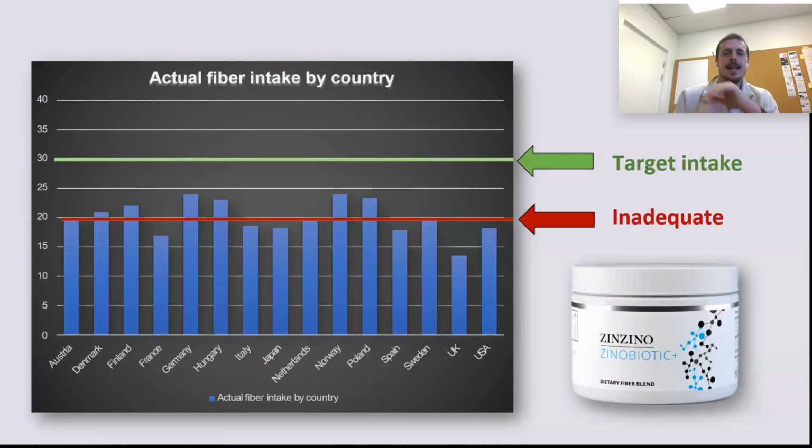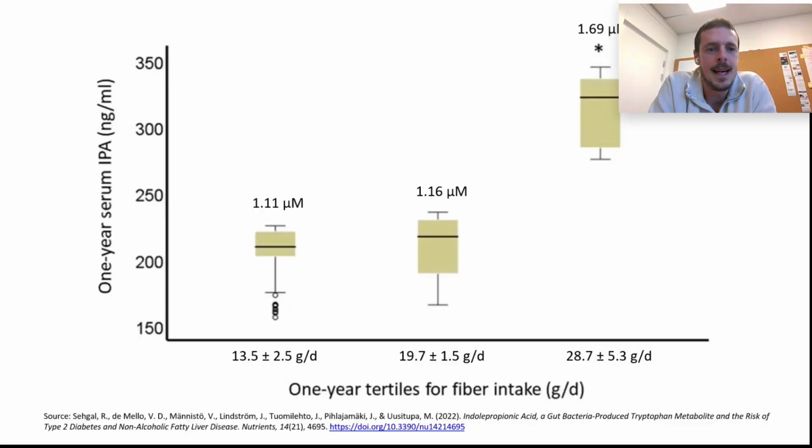Moving on. Then if we want to see what happens if we go from 20 grams to 30 grams of fibers, and why do we target 30 grams of fiber? When you look at different fiber intakes in a population, you can see that if you eat 14 grams of fibers on average throughout the year, compared to if you eat 20 grams of fiber on average per year, when it comes to your IPA production, nothing much happens.